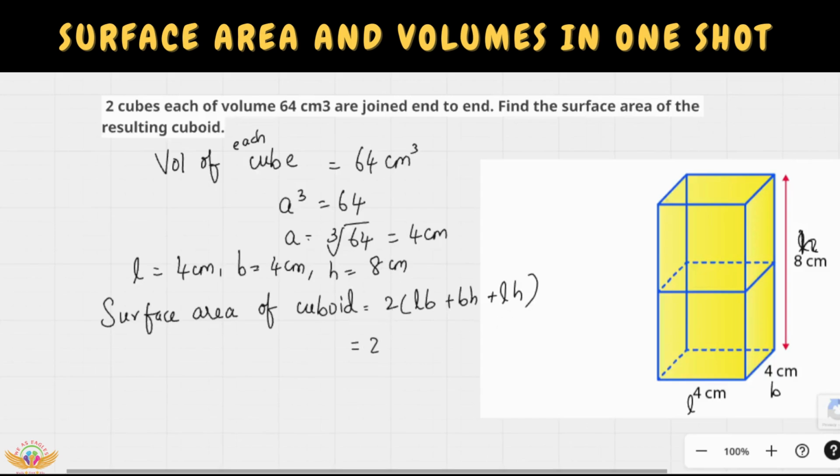Now let us do it directly. 4 into 4 is 16, plus 8 fours are 32, plus 32. So it will be 2 into 80, that is equal to 160 centimeter square, the total surface area of the cuboid. Done.